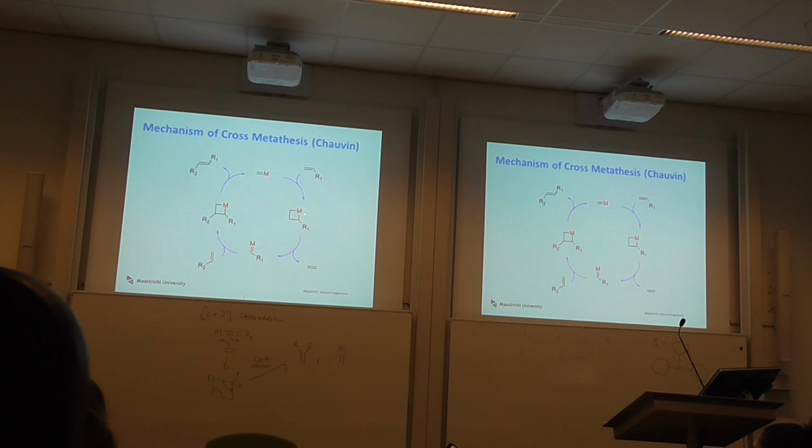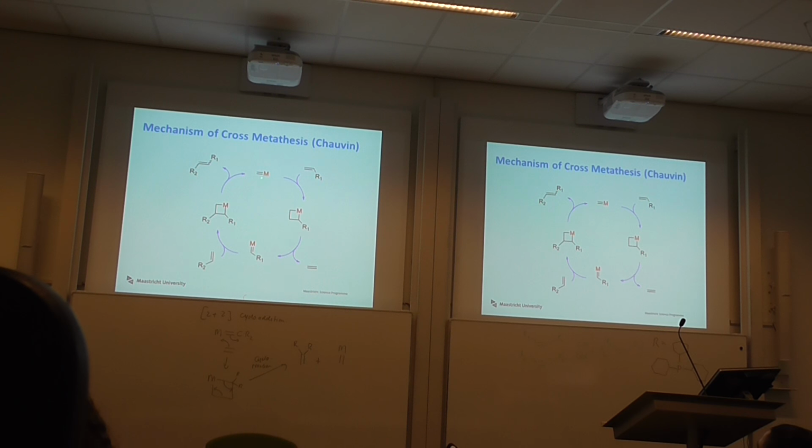So here you have the 2+2 cycloaddition, you here have the cycloreversion, and then another alkene comes in and it coordinates to the new carbene that has been generated. You get another 2+2 cycloaddition, and then you form the product. So this is an example now of how you would do cross-metathesis of this alkene and this alkene.